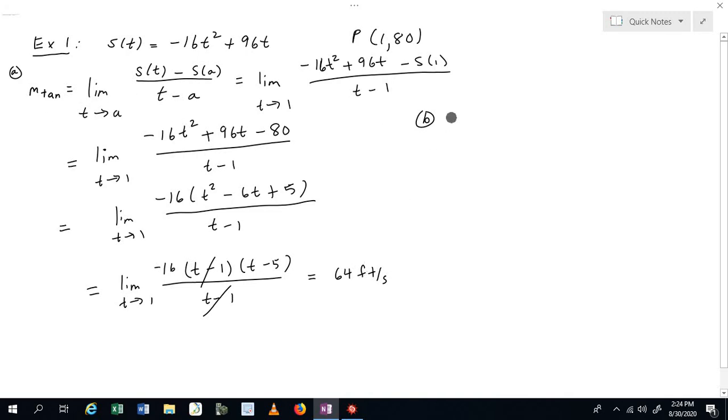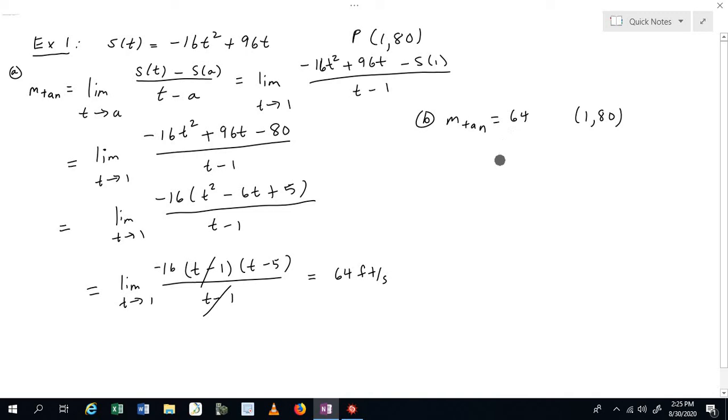It's 64. All right, the slope of the tangent line right when t is equal to 1, that's equal to 64. And we know a point on this line. We know the tangent line goes through this point (1, 80) because we're trying to find the tangent line at that point. Okay, so we know it goes through this point.